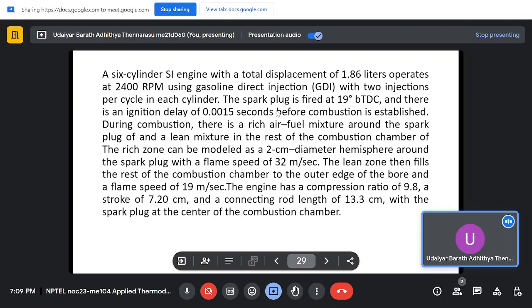So the outer region with the lean mixture has a flame speed of 19 meters per second. The engine has a compression ratio of 9.8, a stroke of 7.20 centimeter, and a connecting rod length of 13.3 centimeter. The spark plug is at the center of the combustion chamber. So these are the parameter values which have been given: the flame speeds, the compression ratio, the stroke length, the connecting rod length, and so on.